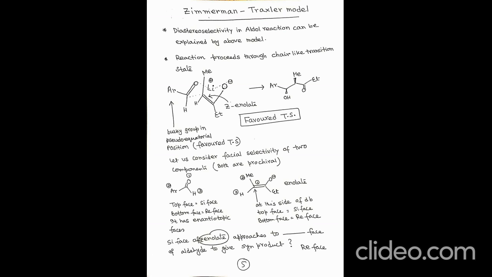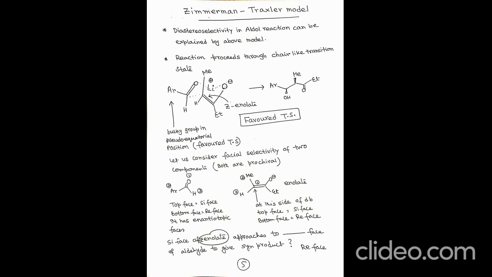So 3 plus 2 is equal to 5. Now in the chair-like transition state, the only one place will be occupied by the metal, lithium plus, which will coordinate the two oxygens, one coming from the carbonyl and another coming from the enolate, to make it a tight, rigid six-membered chair-like transition state.